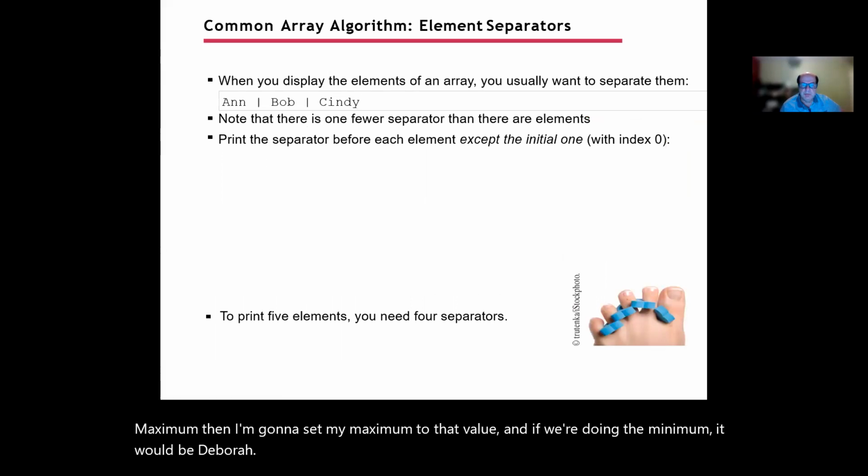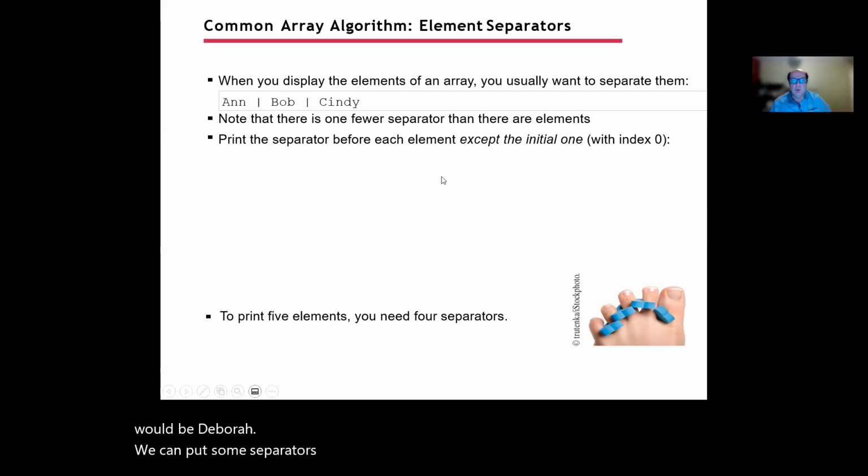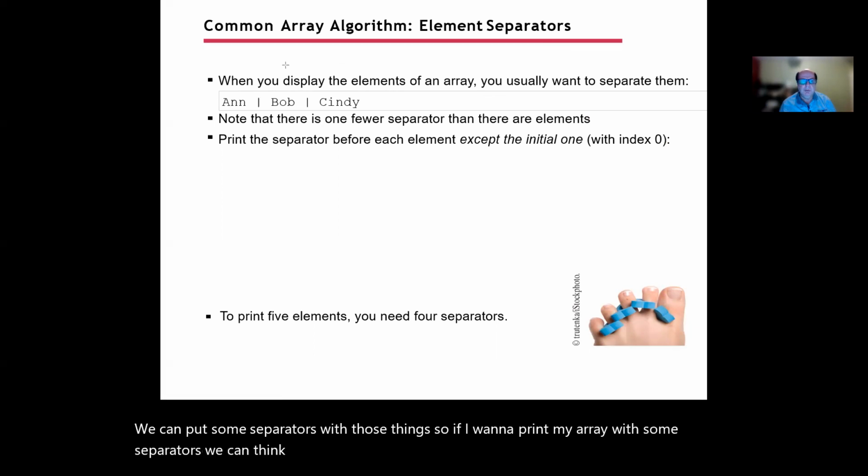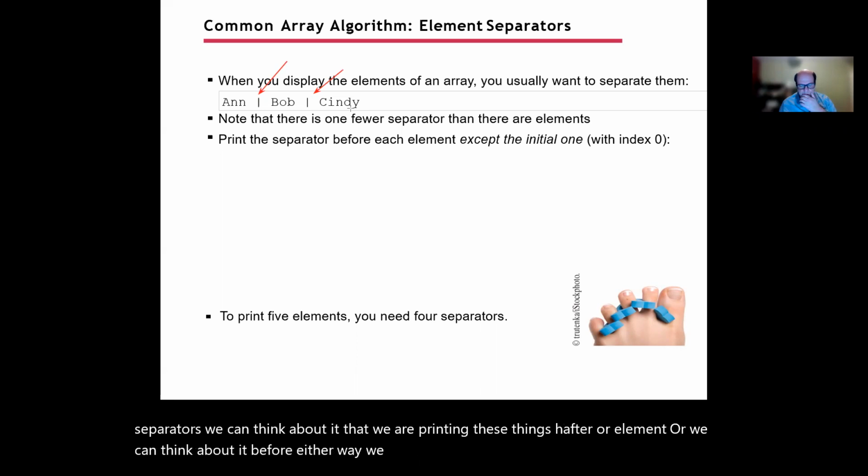We can put some separators with those things. If I want to print my array with some separators, we can think about it as printing them after our element, or before it. Either way, we have to catch one extra.